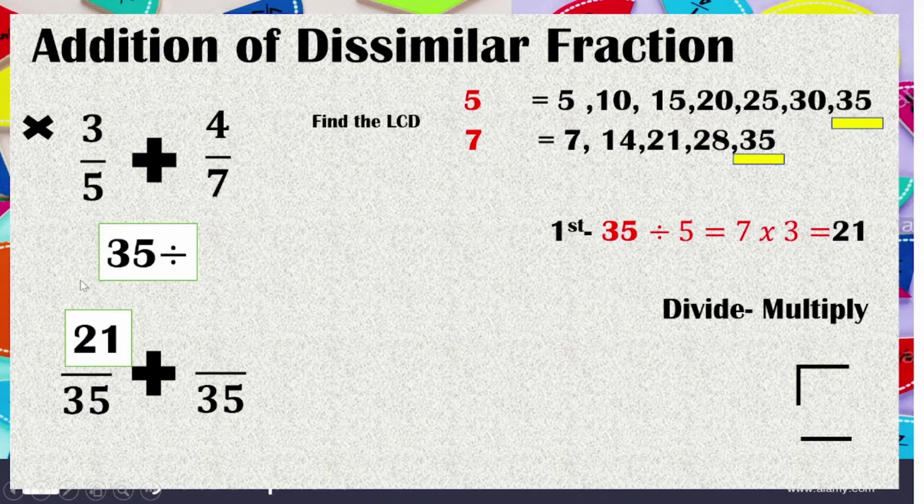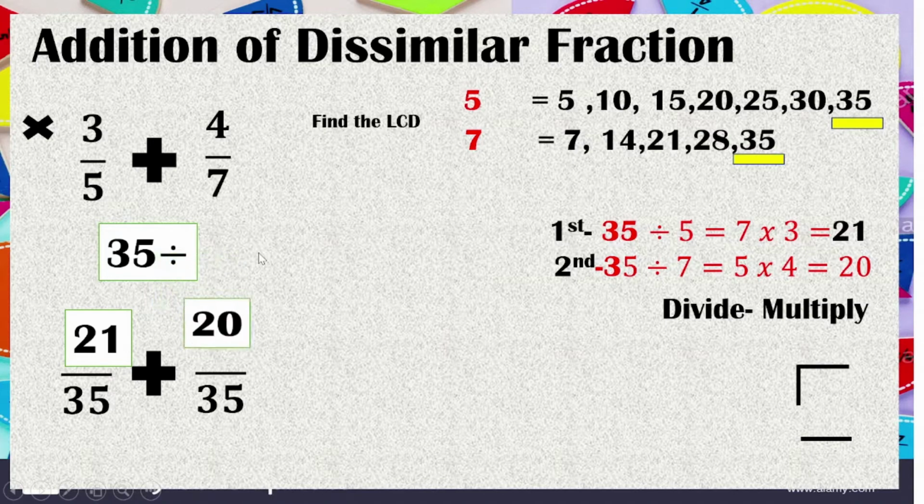So, yung 3/5 kanina ay 21 over 35 na ngayon. Next, 4 over 7 naman tayo. 35 divided by 7 is 5, right? Then times 4, that is 20. So we have a new fraction: yung 4 over 7 kanina ay 20 over 35 na.